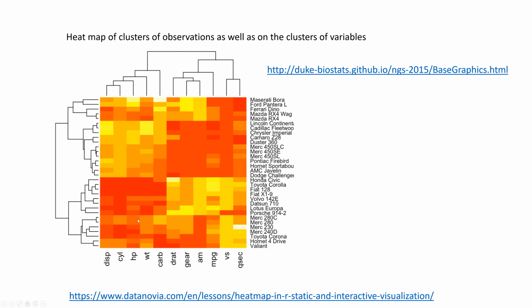For each of them we observe the displacement, number of cylinders, horsepower, weight, carburetor type, drag ratio, gear, and so on, miles per gallon, the number of seconds it takes to reach a certain speed.